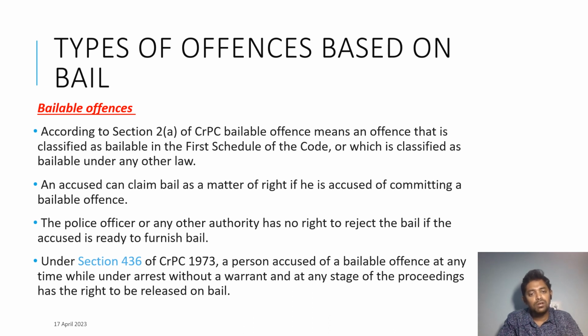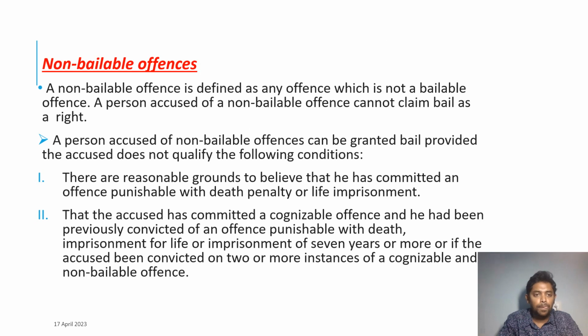The police officer or any other authority has no right to reject the bail if the accused is ready to furnish bail. Under Section 436 of CrPC 1973, a person accused of a bailable offence, at any time while under arrest without a warrant and at any stage of proceedings, has the right to be released on bail.